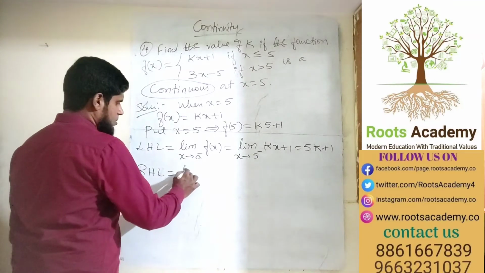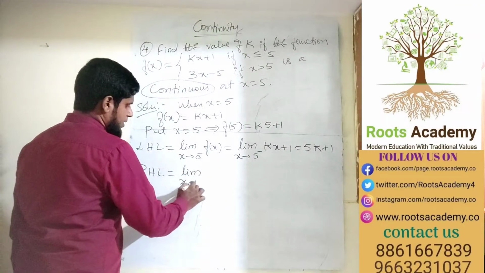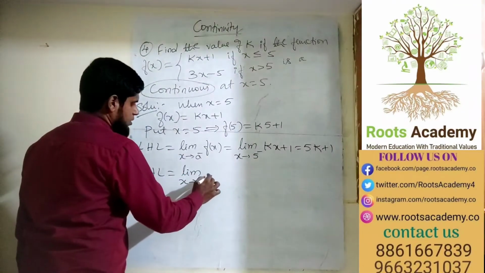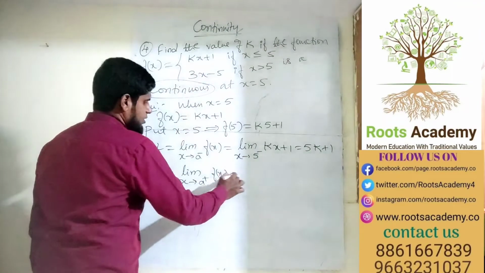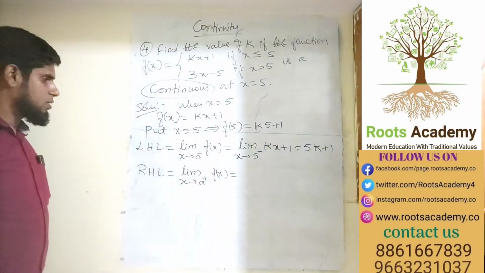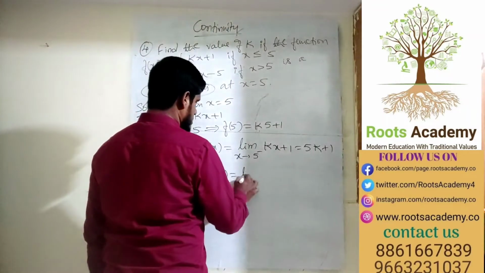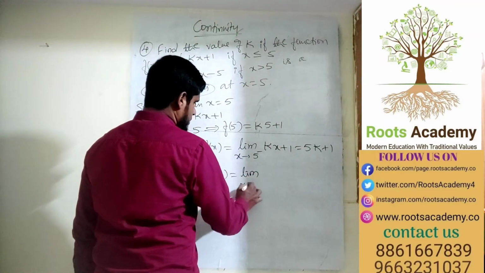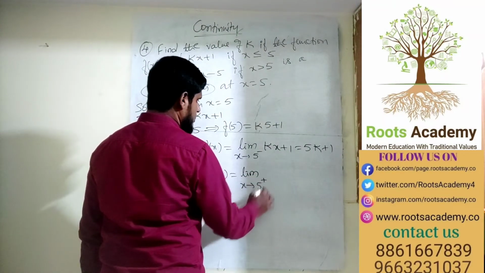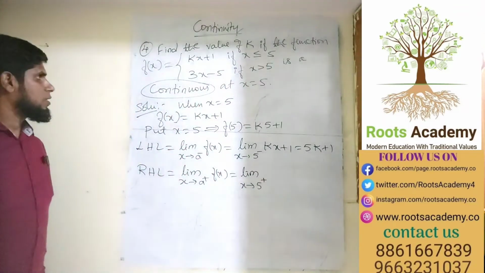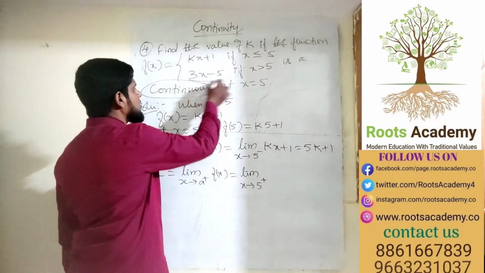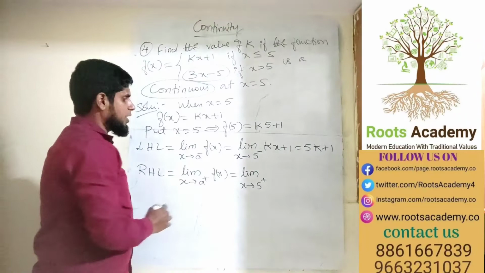The right hand limit is the limit as x tends to a from the right of f of x, which is the limit as x tends to 5 plus of f of x. For the right hand limit, f of x is 3x minus 5.